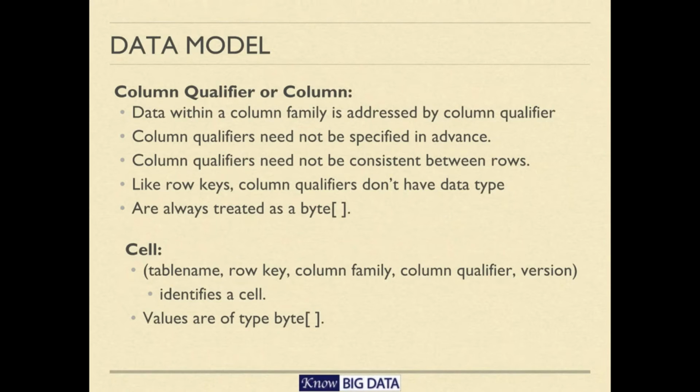When you change the value of a cell, the older value gets pushed to an older version and the newer value takes its place. By default, three versions are kept in HBase: two old versions and the one current version. You can change it for every row.